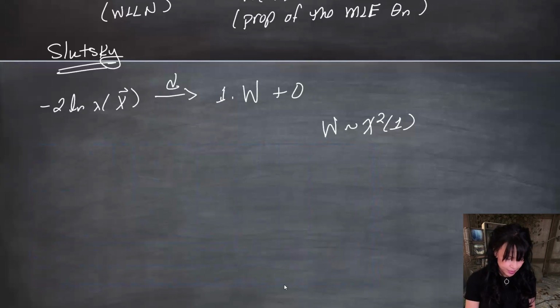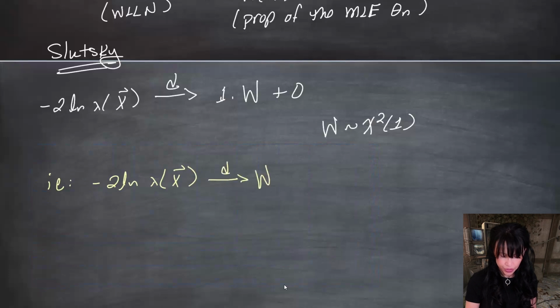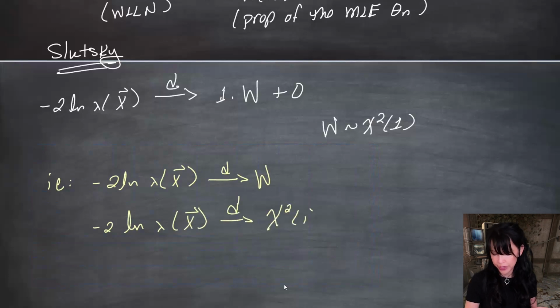So to finish this up, what this is saying is that -2 times the log of the GLR is converging in distribution to W, where W is chi-squared 1, or we often just are a little bit lazy about that and say that it is converging in distribution to the chi-squared 1 distribution. Those are both saying the same thing.